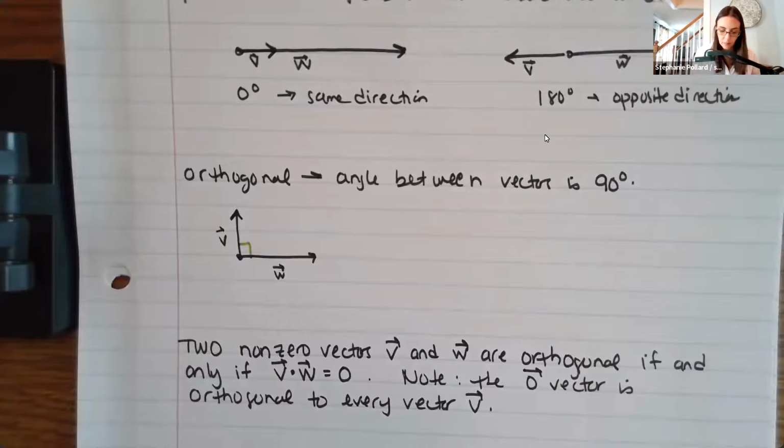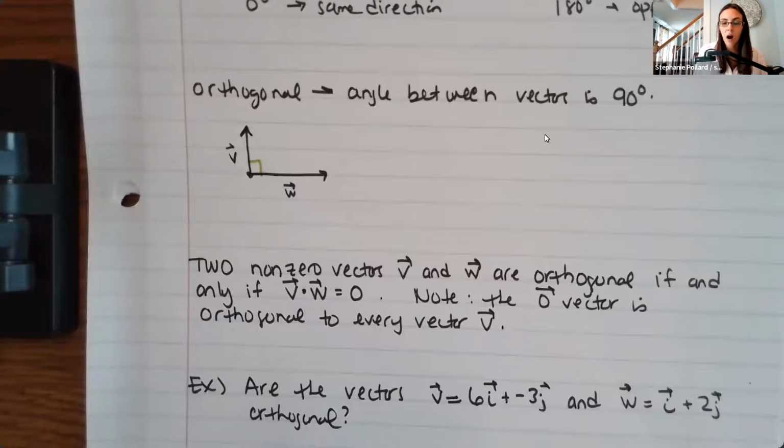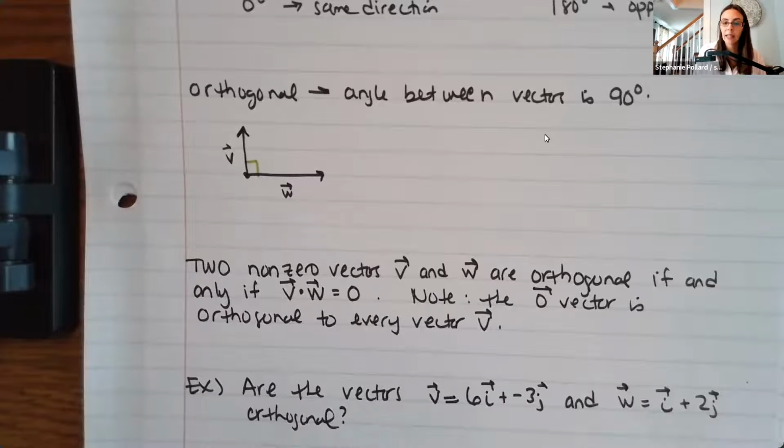We can also check officially if two vectors are orthogonal by using a dot product. So it's always good to look, that's a great starting place, but remember we do really need to check algebraically and computationally that these things are true. So two non-zero vectors are orthogonal if and only if their dot product is 0.